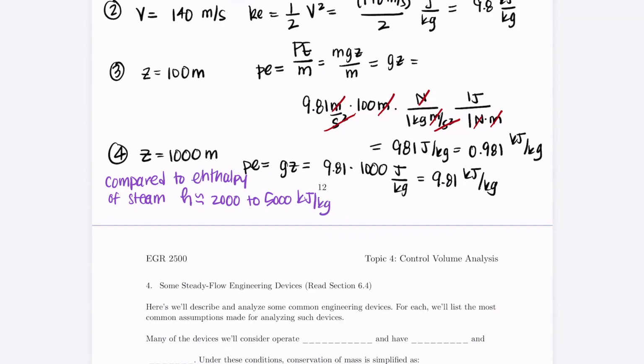So PE and KE are often neglected. Does everybody feel convinced? Okay, great.